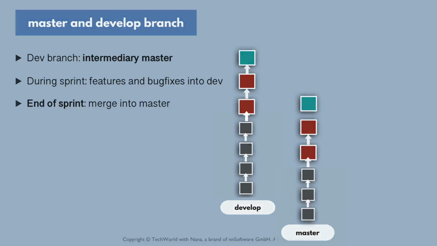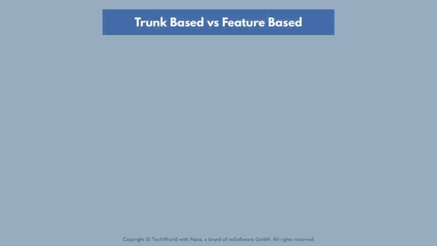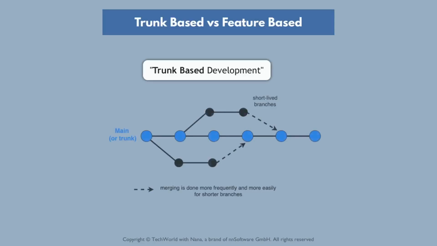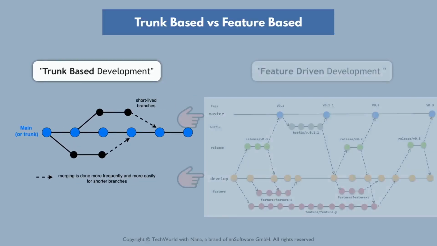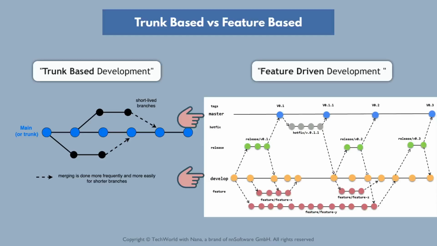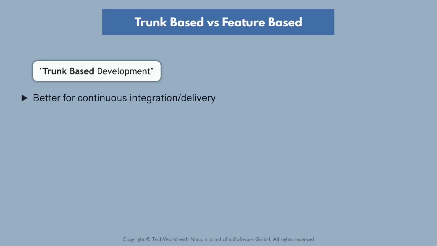Now, what is the difference between these two practices? What is the difference between having just the master branch and then having those branches constantly merged into that, or having an additional develop branch? Now, if you are developing and setting up a continuous integration, continuous delivery pipeline, then you should use only the master branch.